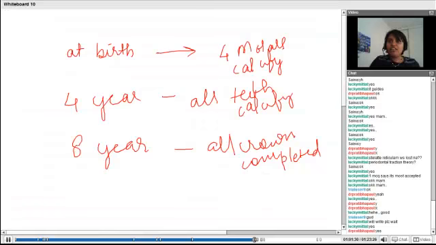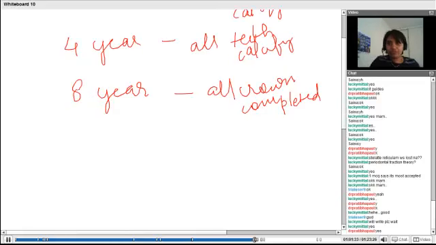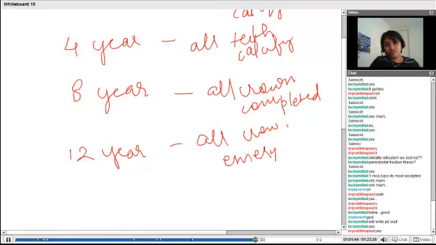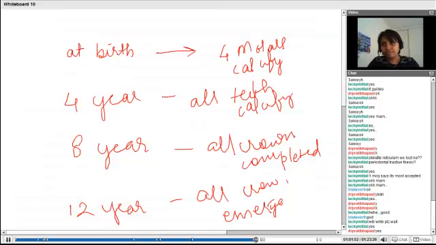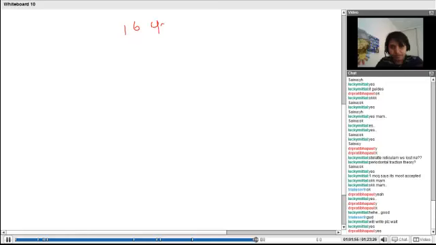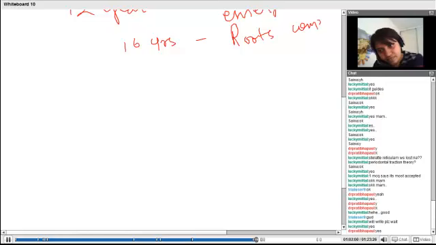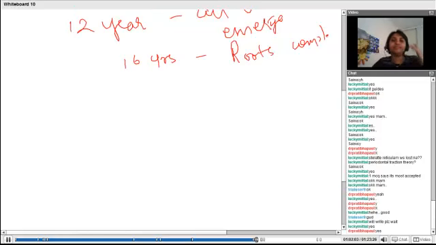At 12 years, all crowns emerge, or erupt in the oral cavity, you can say. At 16 years, all roots are completed. Written it down.